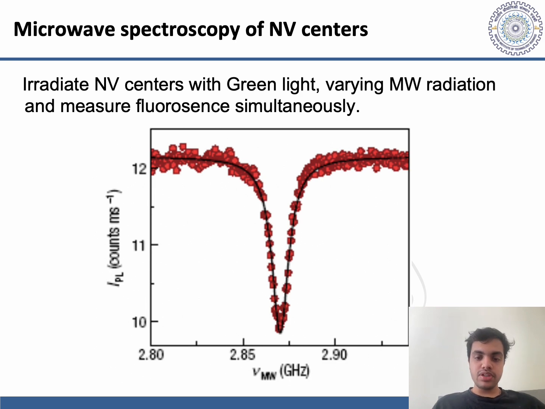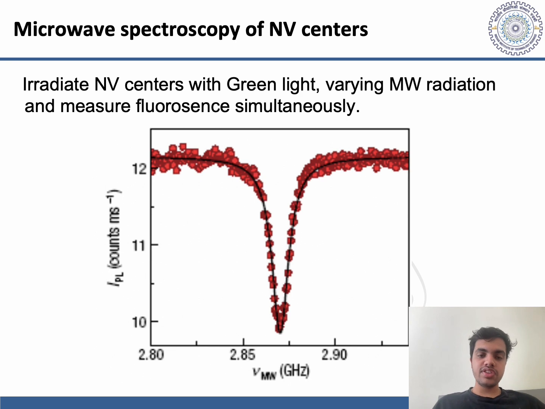At this point, you would start exciting electrons from ms equals 0 to ms equals plus minus 1 state, and the ms equals plus minus 1 state would start to get populated. And as we learned in the previous slide, the intensity of light that comes out of ms equals plus minus 1 state is lower than the ms equals 0 state. You would see a sharp dip in this intensity over this frequency.